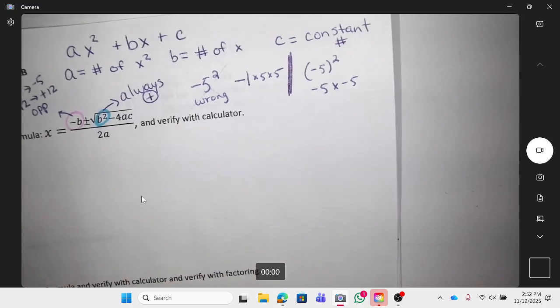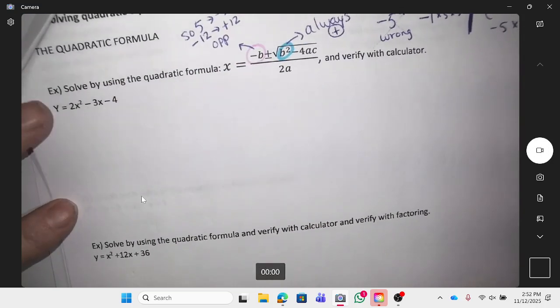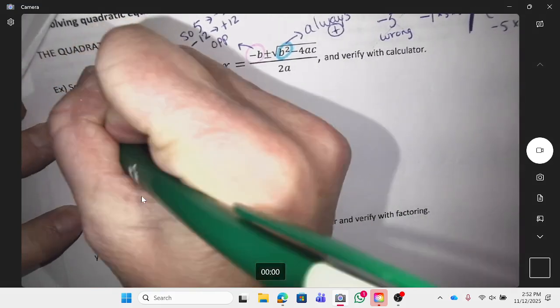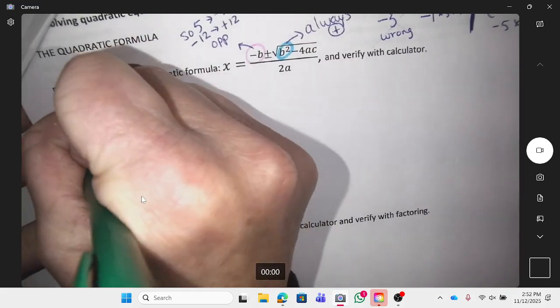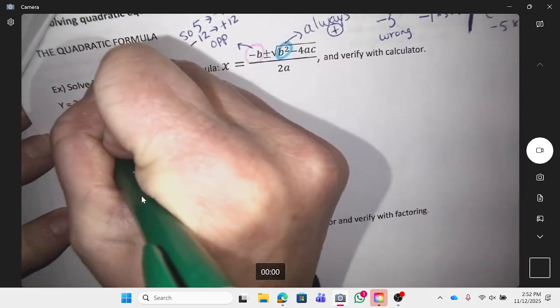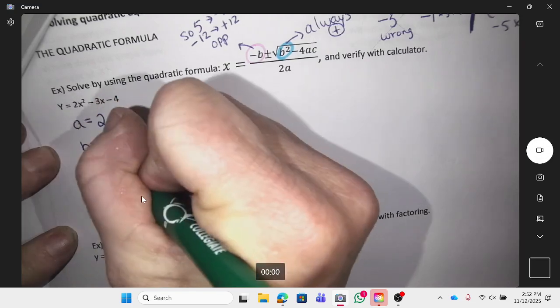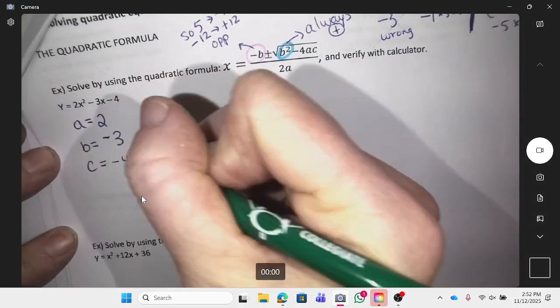Okay, so here we go. First equation. So a is how many x squareds? 2. b is how many x's? -3. And c is -4.